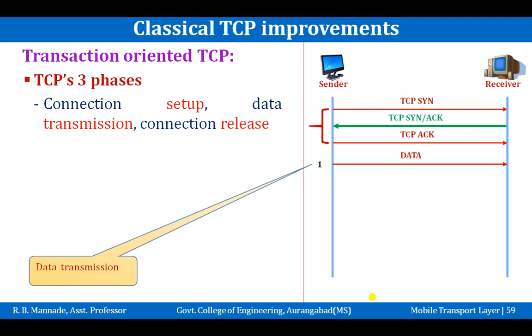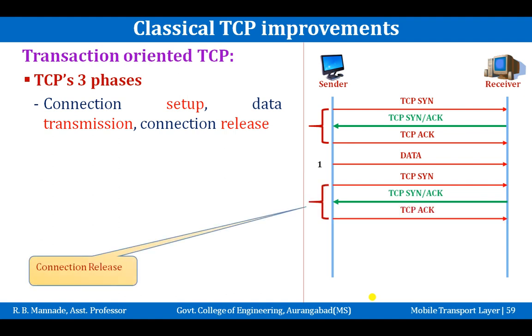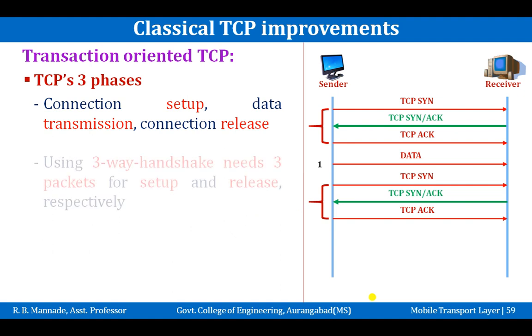For that, again three requests are repeated: TCP FIN, TCP FIN acknowledgement, and TCP acknowledgement. This is called the connection release phase. So these are the three phases of the TCP protocol.